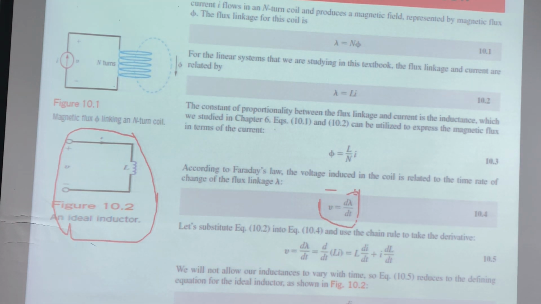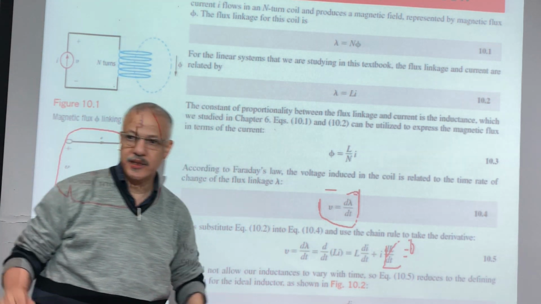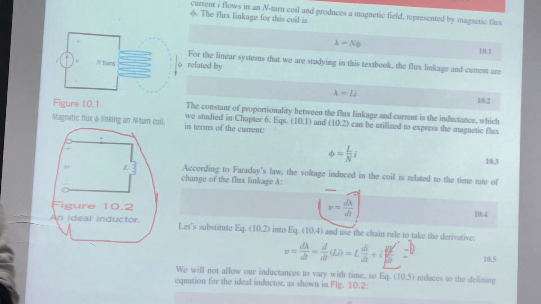Which form will we use to deduce the self voltage, the first or the second one? The first one. So we will use lambda equals Li. We can replace lambda by Li. So the derivative is L di by dt plus I dL by dt. This term is constant, so it equals 0. So the self voltage on the coil equals L di by dt.